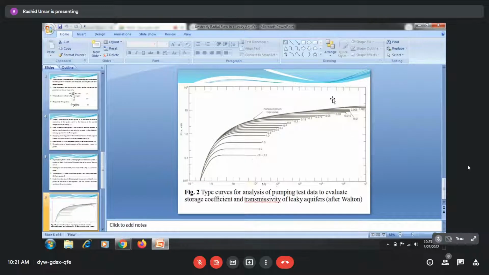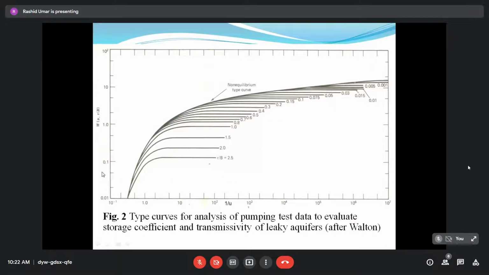This is Walton's curve, and this is W R by B versus 1 by U. You see there are a number of graphs developed by him for all possibilities of leaky aquifer.